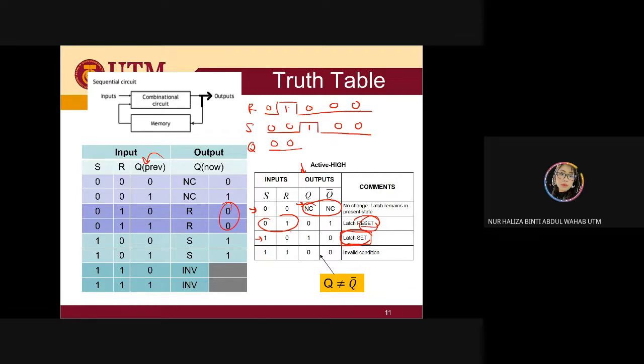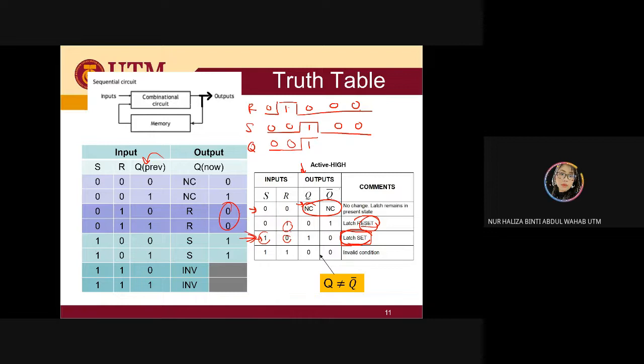And then we have 0 and 1. I made a mistake for a moment. 1 is R. Correct. Okay. Now R is 0, S is 1. At this part, it's going to be set, so it will be 1.